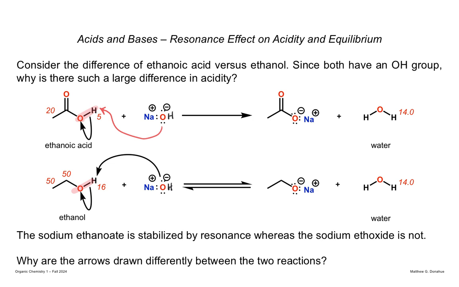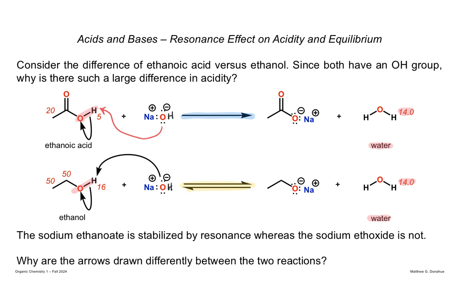And now notice on the product side of both, you're forming water in both cases, and that has a pKa of 14. The next thing to notice is the nature of the arrow in between. This is a one-way arrow, and this arrow is sort of back and forth.